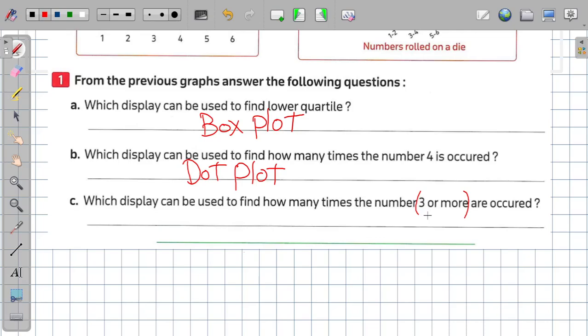So this is an interval. So I think the best way to answer a statistical question on interval or grouped data is a histogram. This is a histogram that we want.